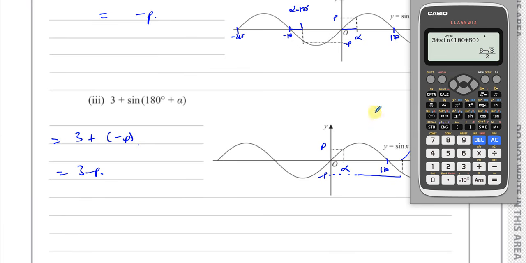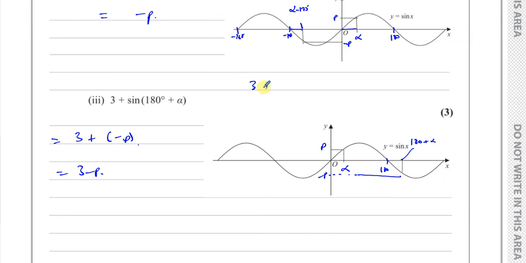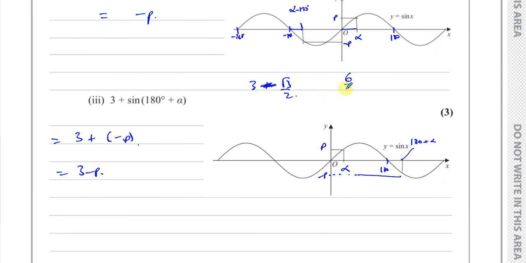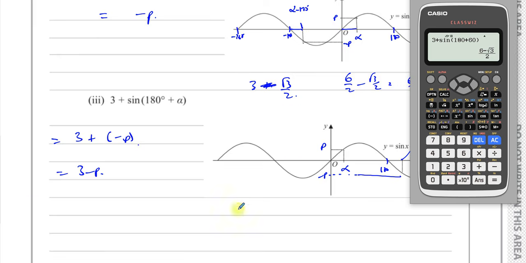That doesn't show it very clearly, but 3 minus root 3 over 2 is the same as this, because this is going to be 6 over 2 minus root 3 over 2, which is 6 minus root 3 over 2. So it's the same thing, the same as 3 minus p.